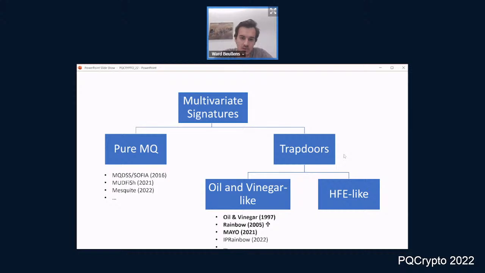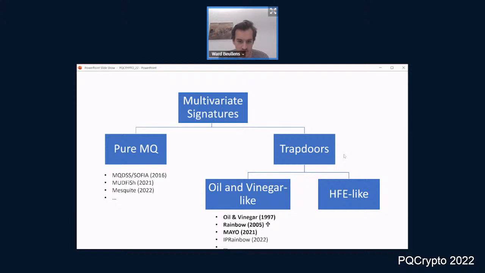On one hand, there are the oil and vinegar-like schemes. Sometimes these are called small field schemes because they work over a small field. I think the first scheme in this family was oil and vinegar, invented in 1997. And then later there were more schemes like Rainbow, which was one of the finalists of the NIST competition.